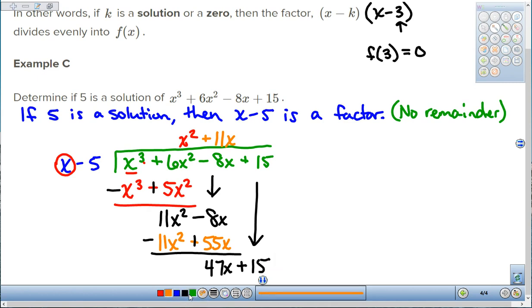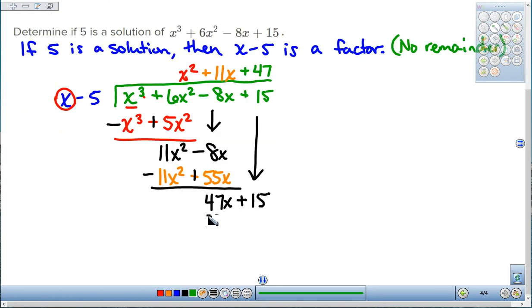And do this again. X. How can I multiply to get x to equal 47x? Multiply x by 47. 47 times x gives me 47x. 47 times negative 5 will be negative 235. 47 times 15, 705.